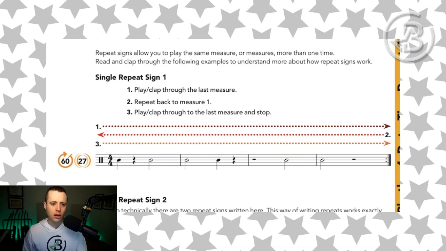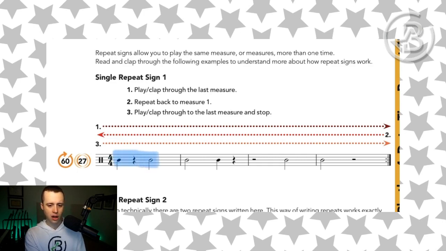Looking at example 27, the time signature is 4/4, so the count in is going to be 4. Here we go. Get the pulse, count in. 1, 2, 3, 4.